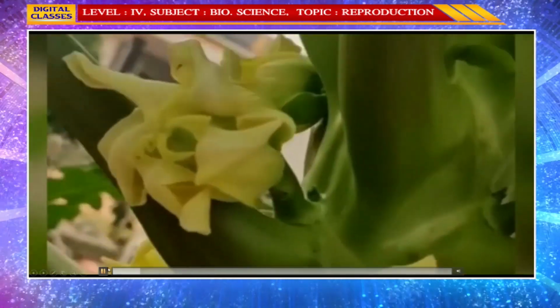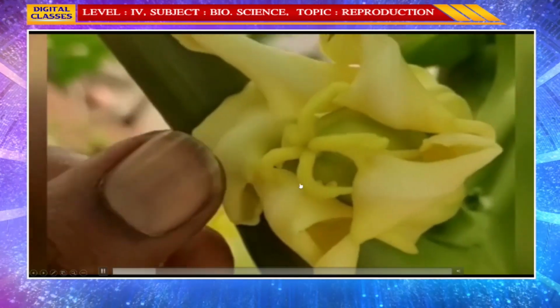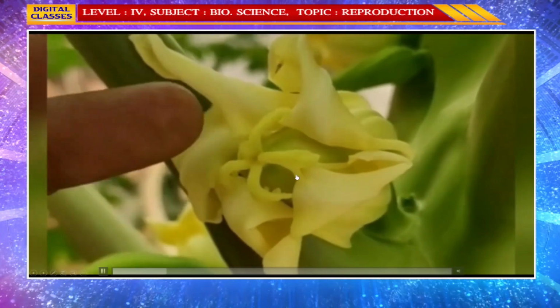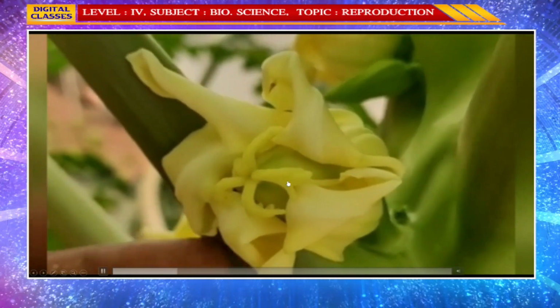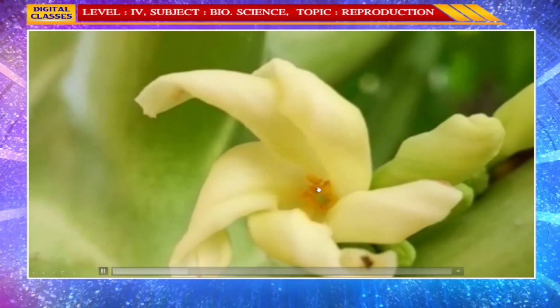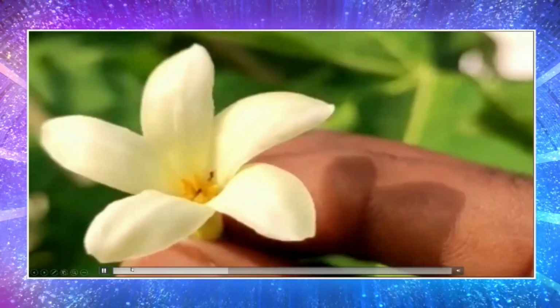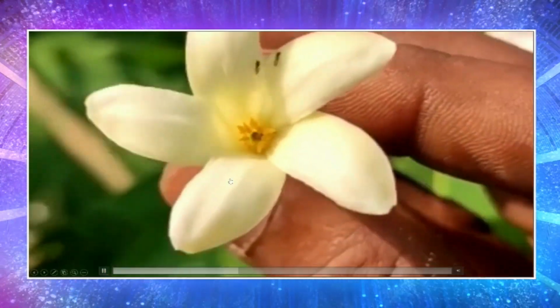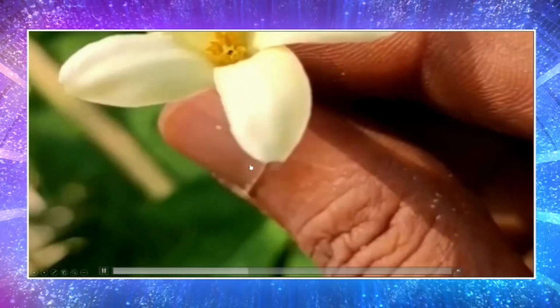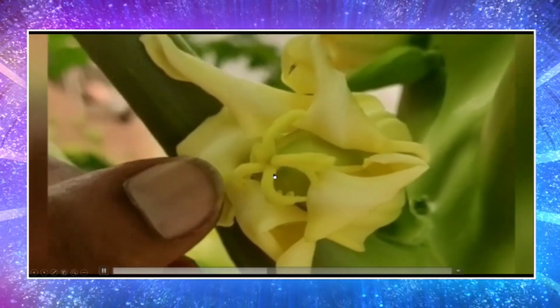Now, observe this flower carefully. It has only pistil. There are no stamens in this flower. Here you can see stamens in the flower, but no pistil. Look at the flower carefully. Here you can see the stamens and pistil is absent. Here you can see the pistil and no stamens.